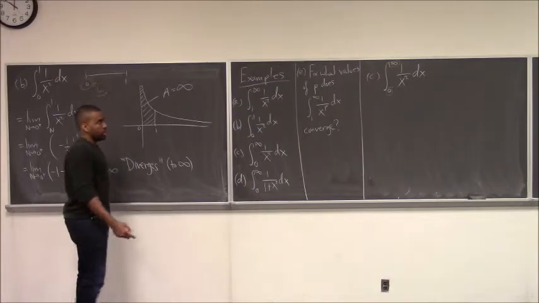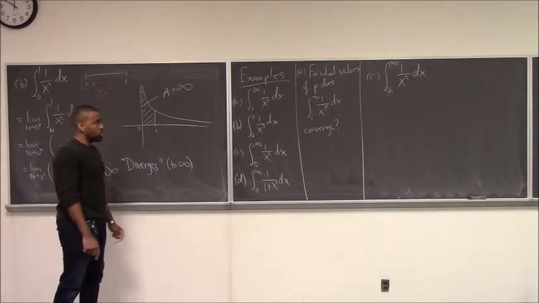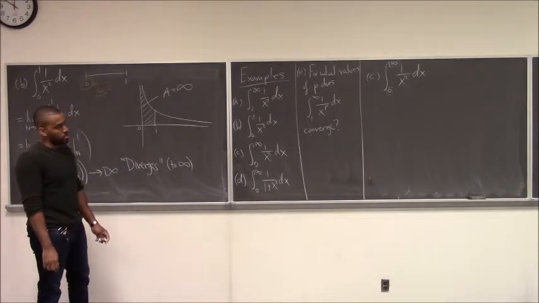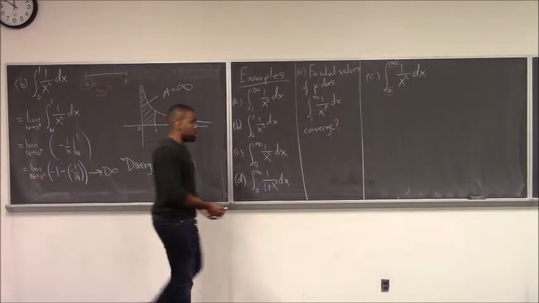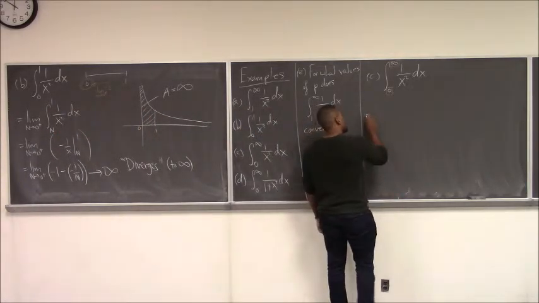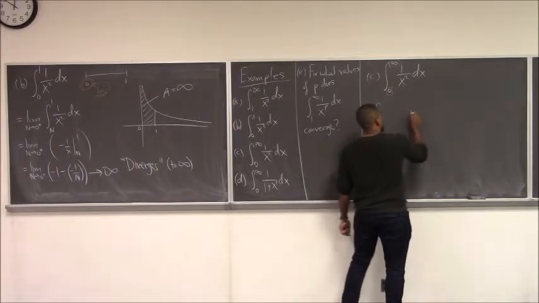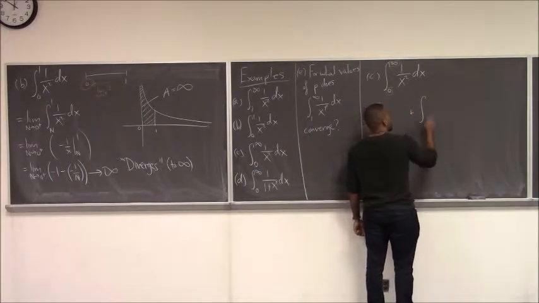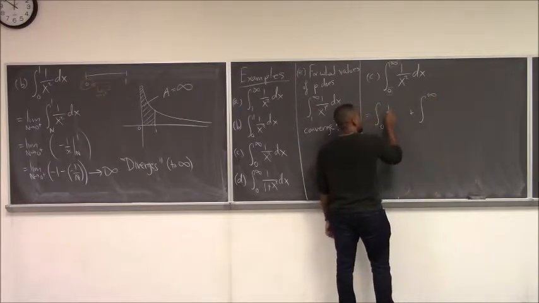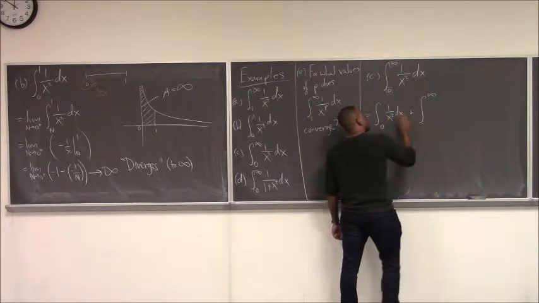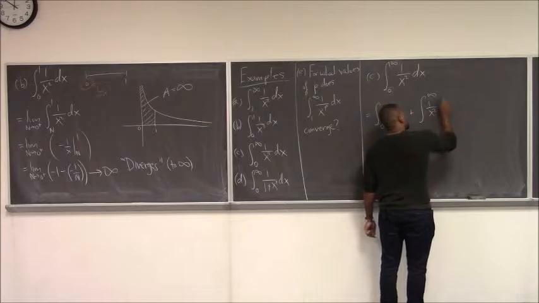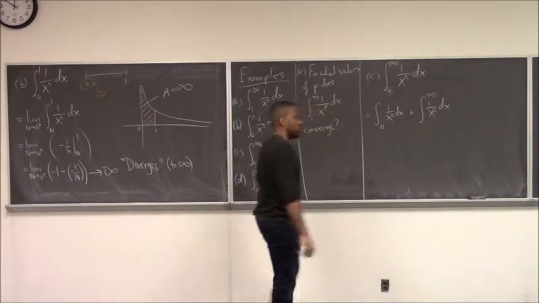The rules say I should try to get to a situation where I only deal with 1 bad point at a time. And we can do that by simply splitting up the integral. So I can go from 0 to some number plus that number up to infinity. We know we can do this with integrals. This was in the properties 2 or 3 lectures ago.